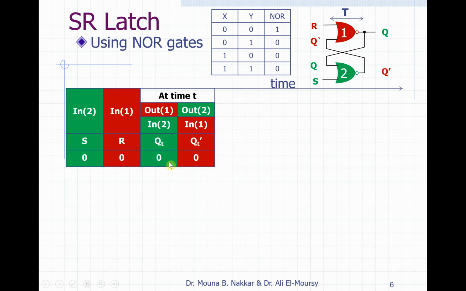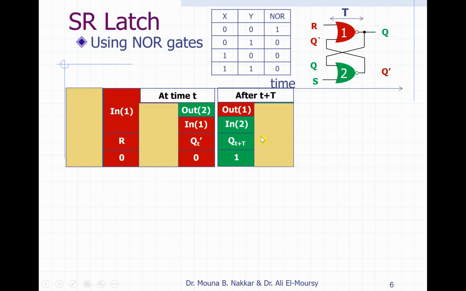Now I want to change the value of S and R from both 1s to both 0s. Let us go over the analysis of the circuit to see what will happen. Going back to our time analysis, we have Q and Q bar at time t, and we want to derive the Q and Q bar at t plus tau and t plus 2 tau.